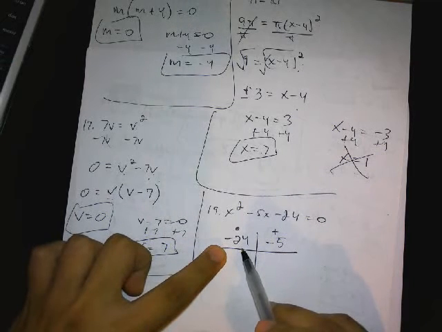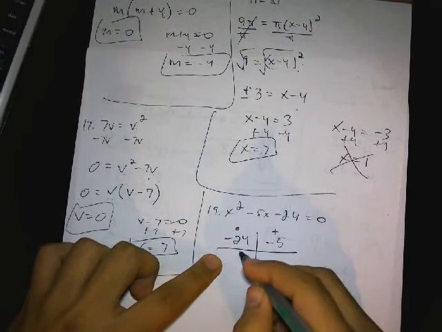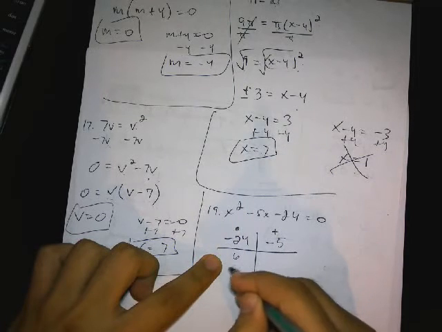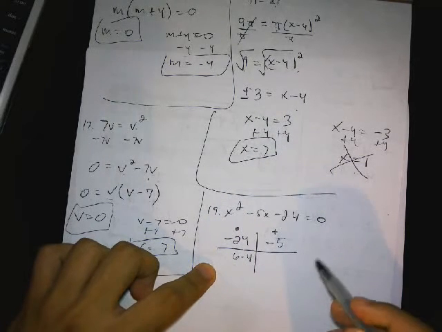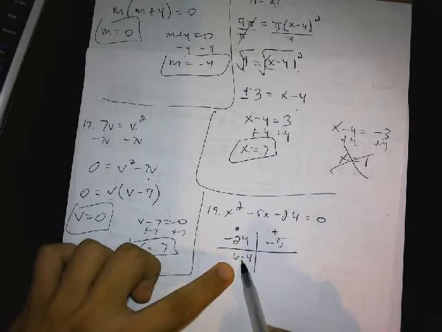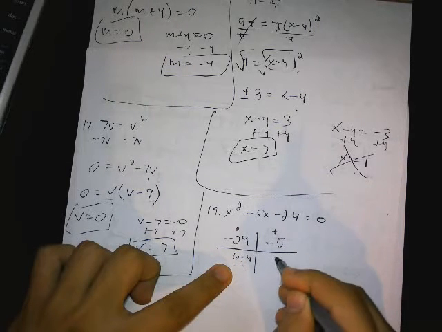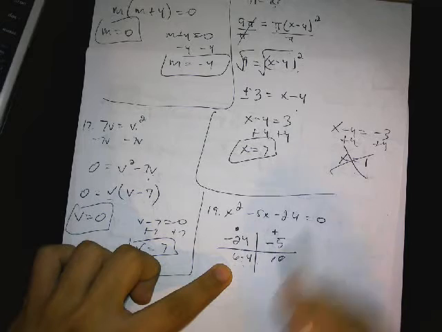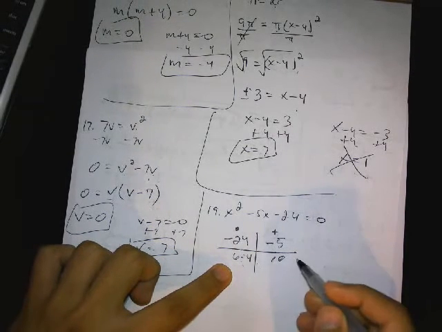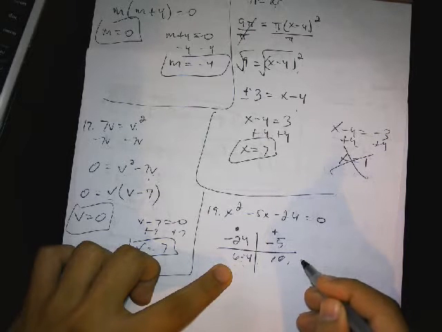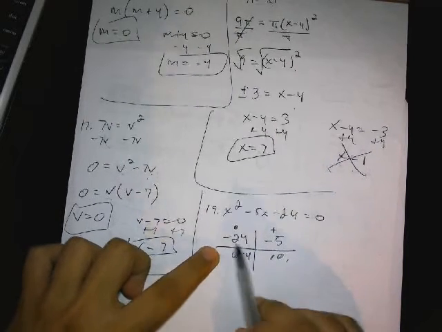So the factors of 24, the first ones that I can think of are 6 and 4. And if I add these, I get 10. And if I change the sign of one of them, well, I want a negative, right?